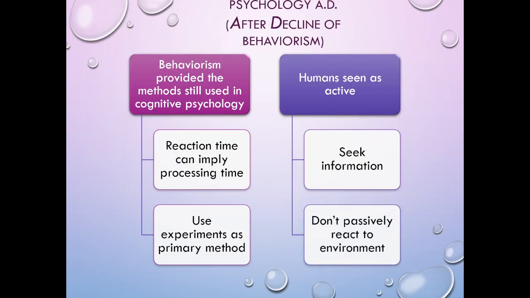We assume that humans don't just passively react to the environment. We don't take the perspective that Skinner took, that we can figure out how to control your behavior by manipulating your inputs. Instead, cognitive psychologists tend to look at their participants as very active and self-oriented. They're going to decide for themselves how to react.